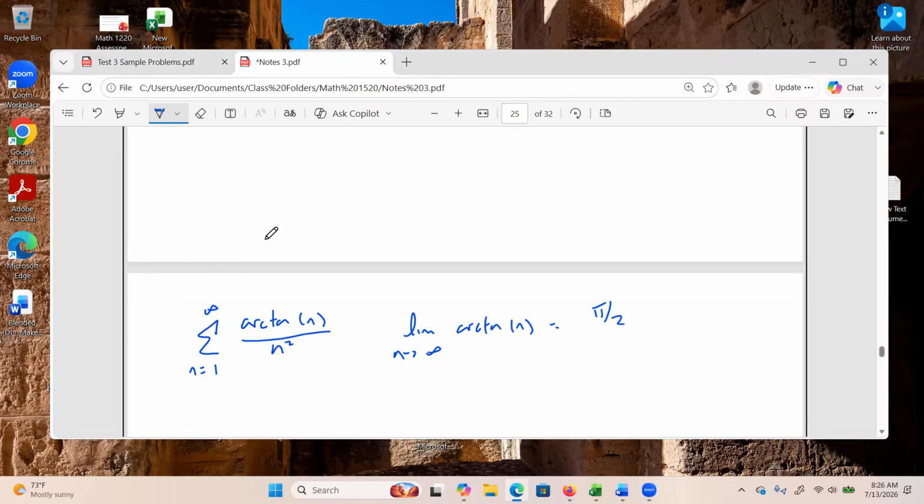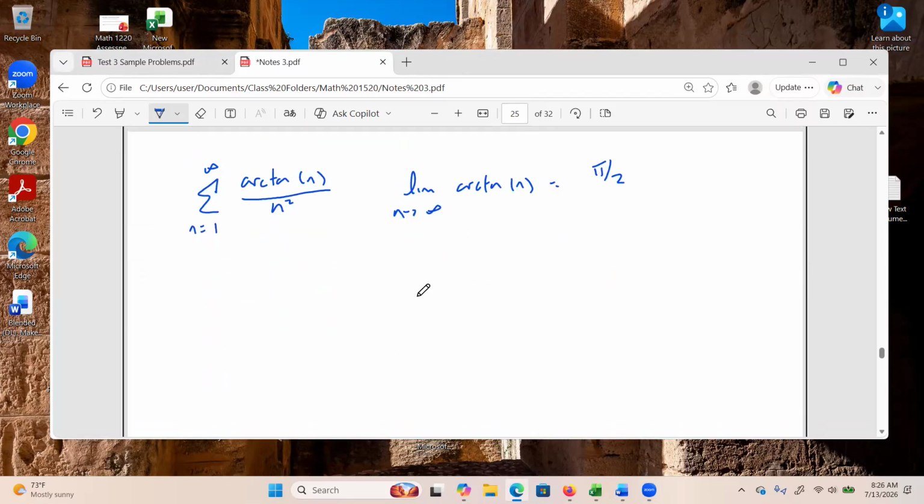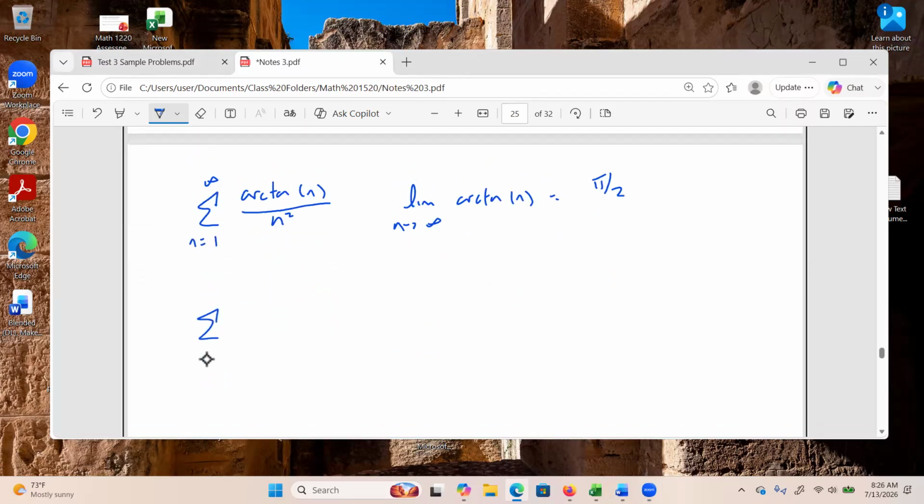So this series here, the sum from n equals 1 to infinity of arctan of n over n squared, must be less than or equal to pi over 2 over n squared. That's pretty much your first little thing to say.